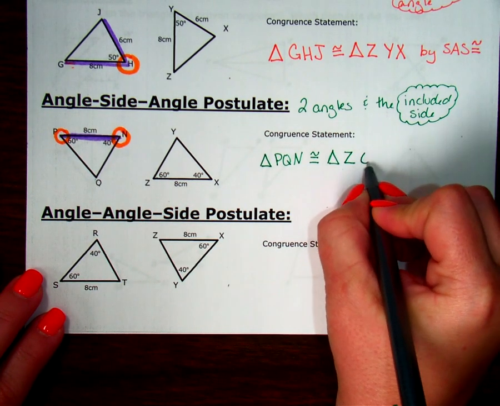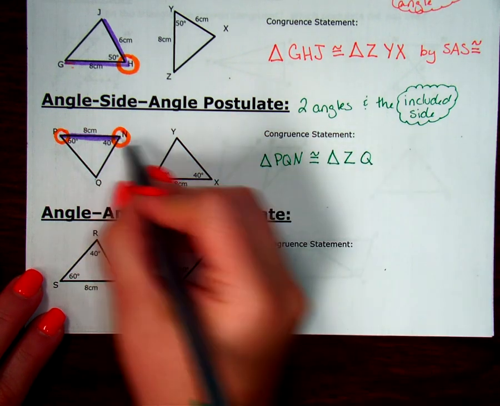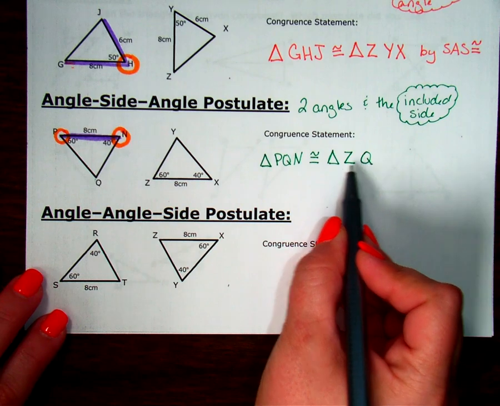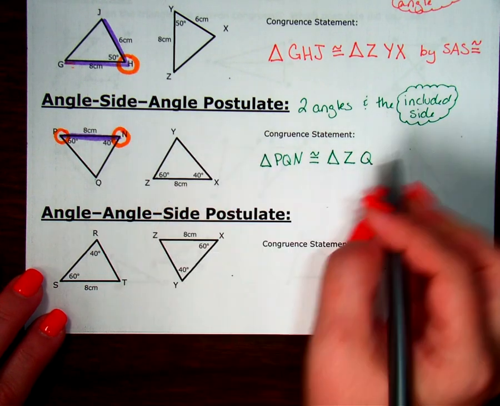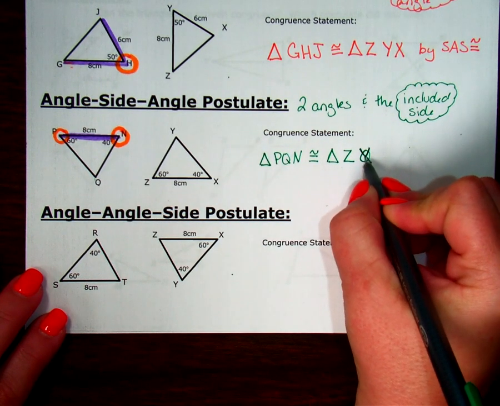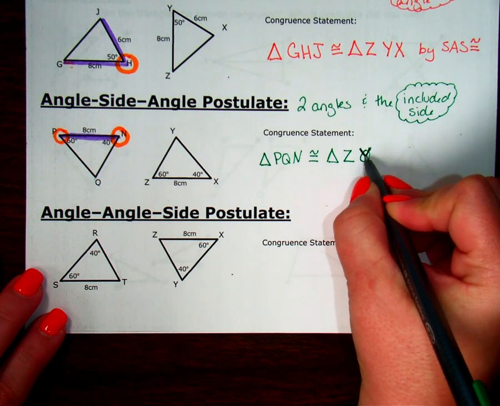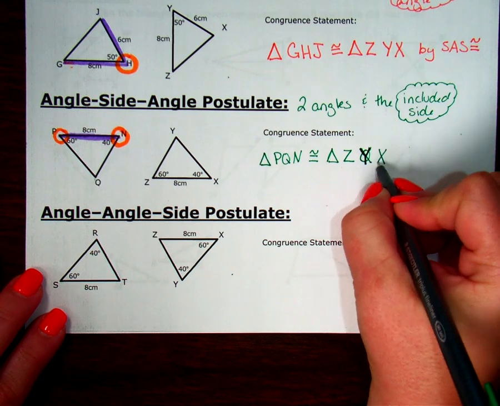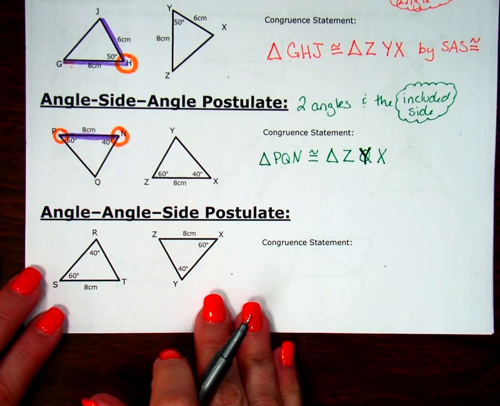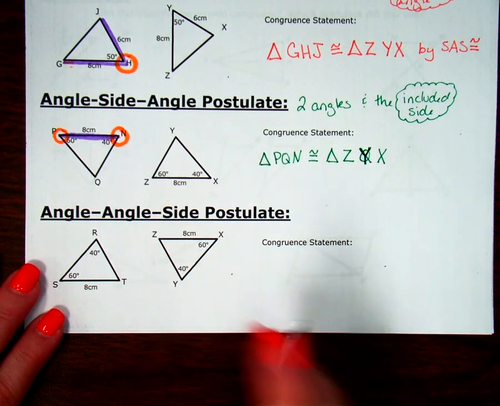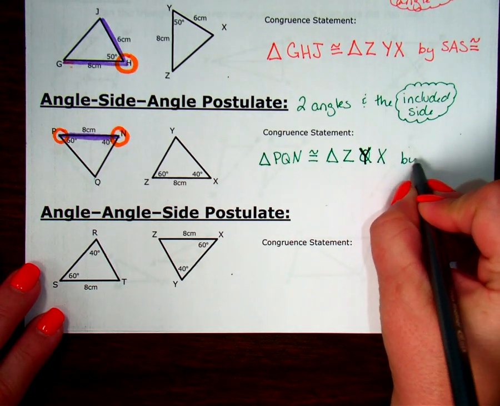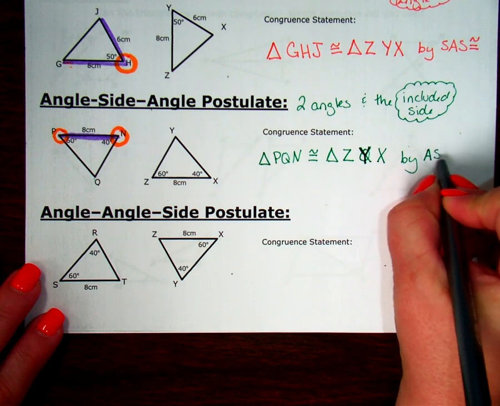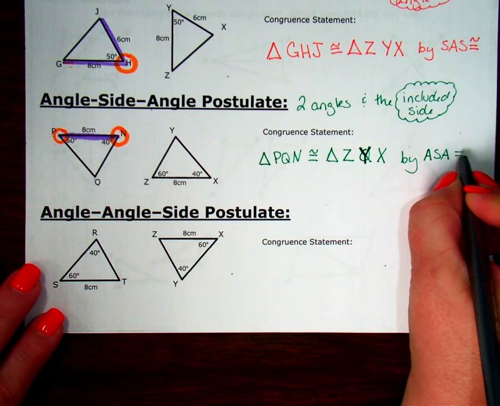Q. And then N matches with, oops, not Q there. I lied. I should have Z and then Y. Z, Y, we want to make sure they're coming from the right triangle. Z, Y, X. So triangle PQN is congruent to triangle ZYX by, this one we're going to call angle, side, angle. So ASA congruence.